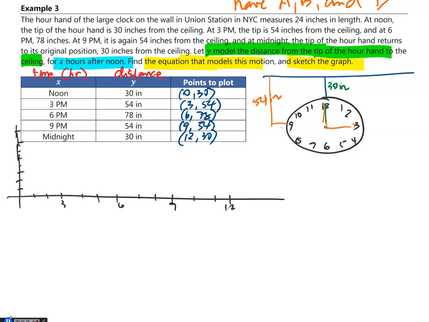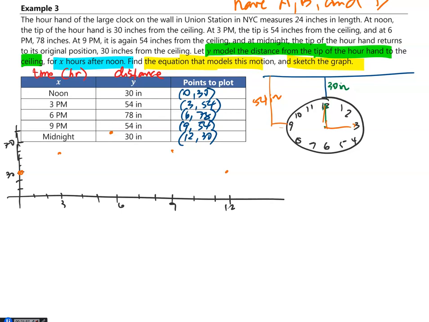So let's say this is 30, 40, 50, this is 70. So the first one, 0, 30, then 3, 54, let's say here, then 6, 78, let's say like here, and then 9, 54, and 12, 30. So here.